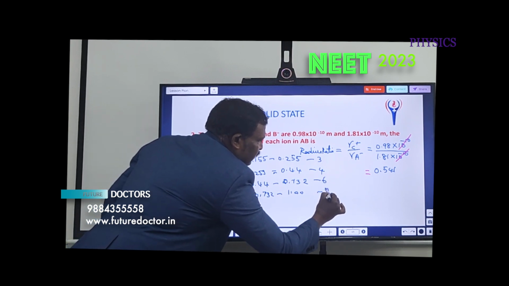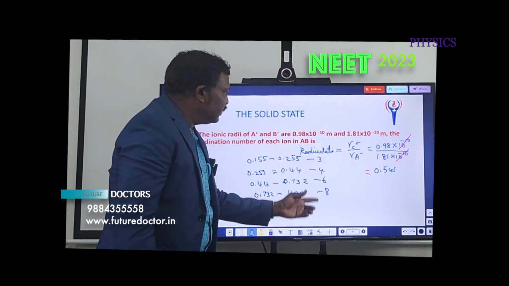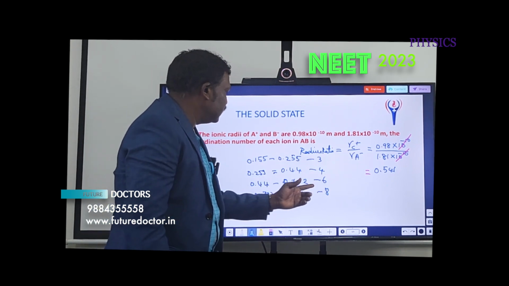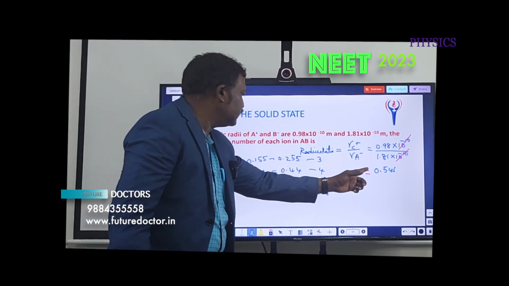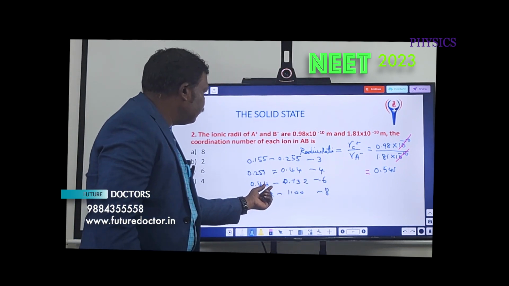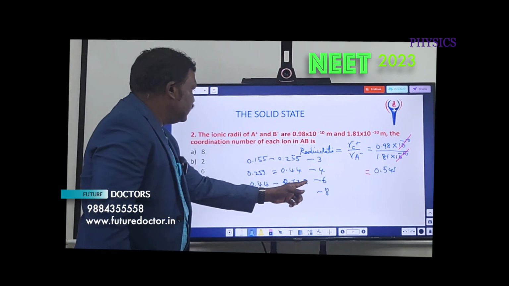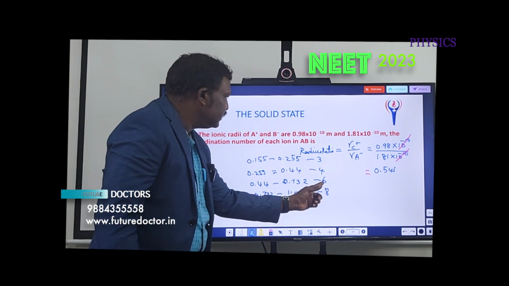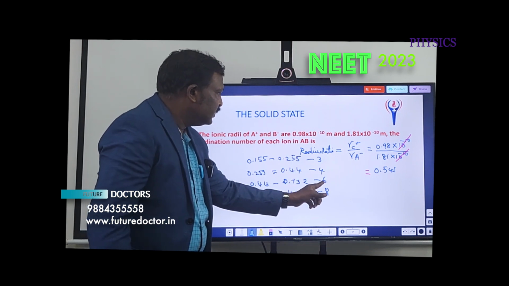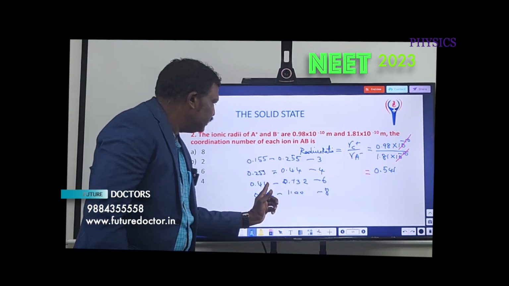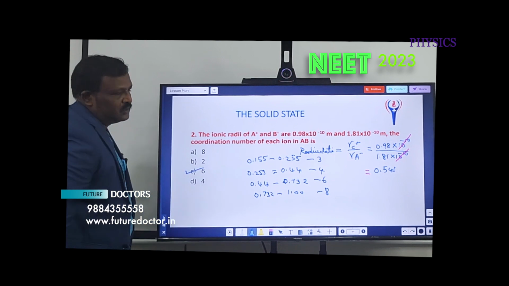The values are approximately in between. These are all coordination numbers: 3, 4, 6, 8. If the radius ratio value is in between 0.414 and 0.732, then we can say the coordination number is 6.